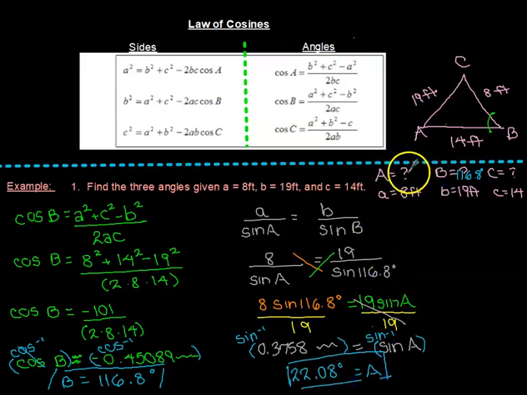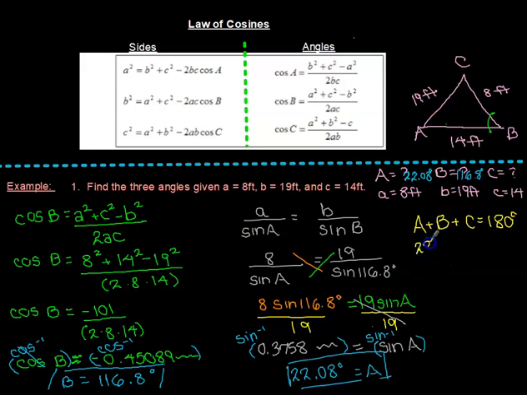So here we have 22.08 degrees, and notice we have 2 out of the 3 angles in a triangle. So once we have 2 out of the 3 angles in the triangle, remember your geometry, all 3 angles in a triangle will have a sum of 180 degrees.